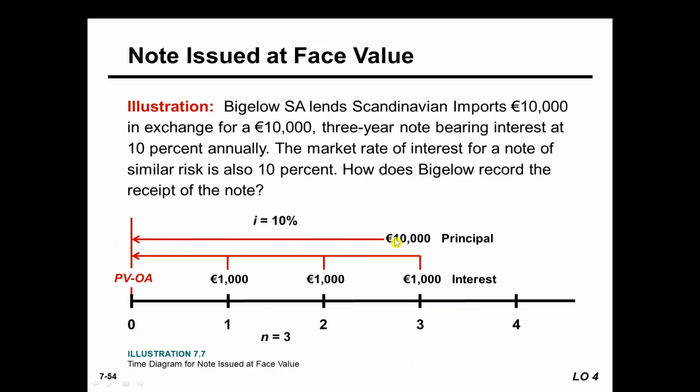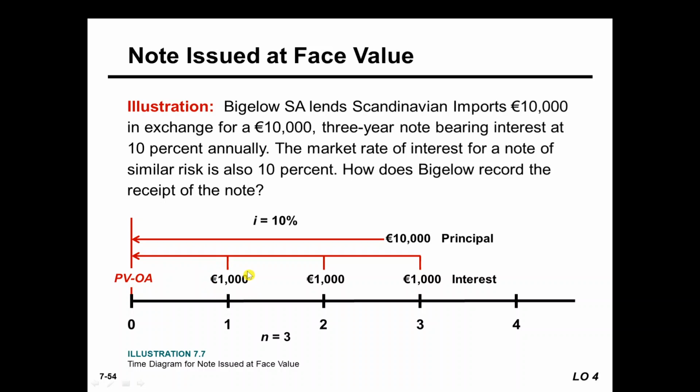So we need to compute the present value of this 10,000, since it will be received later, after 3 years.